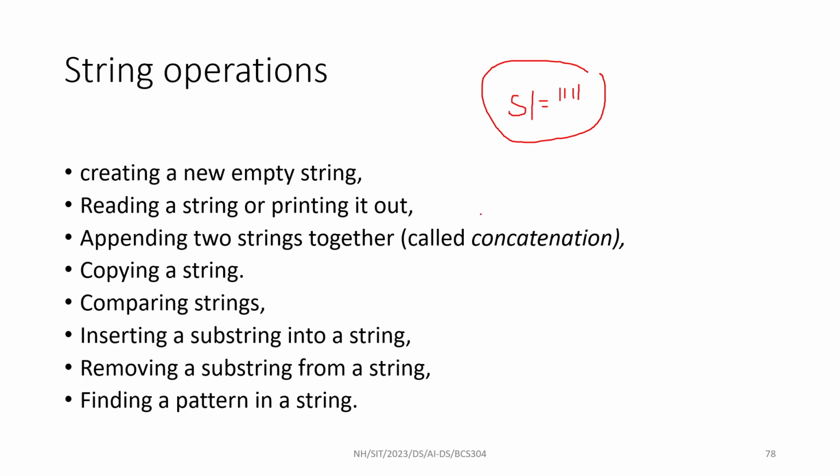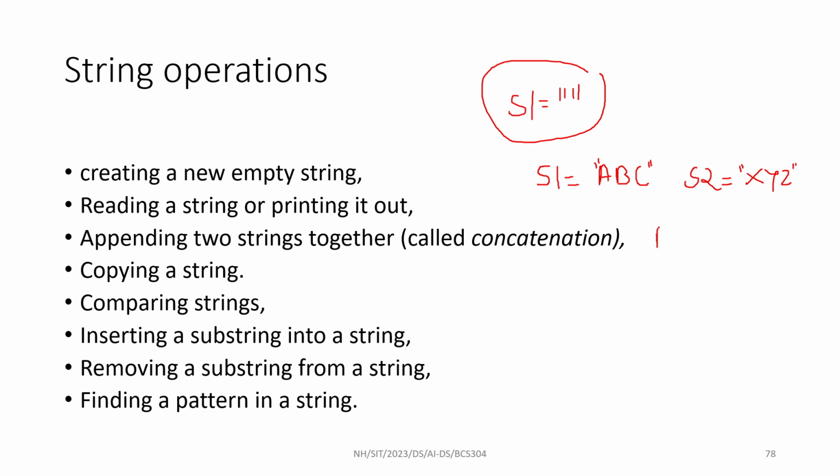Now the concatenation operation. Let us take two strings, S1, which is ABC, and S2, which is XYZ. Double quotes are usually used to indicate that it is a string. Now, appending S2, I'm going to attach it at the end of S1.